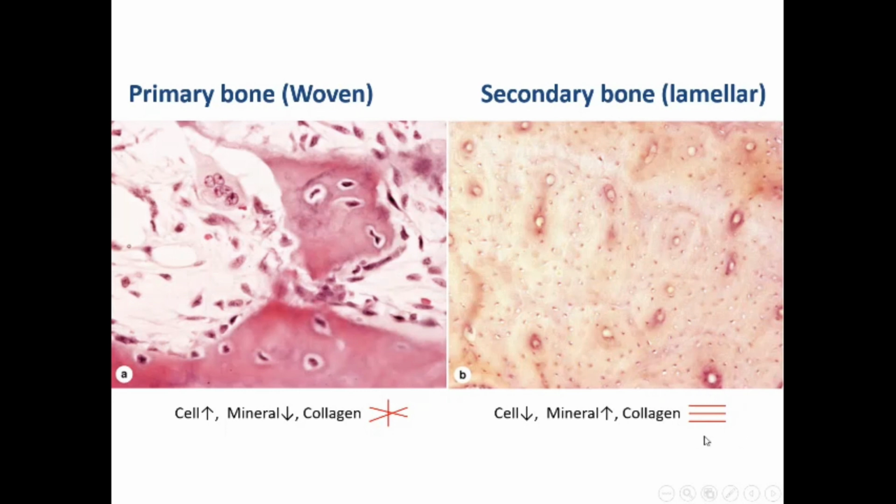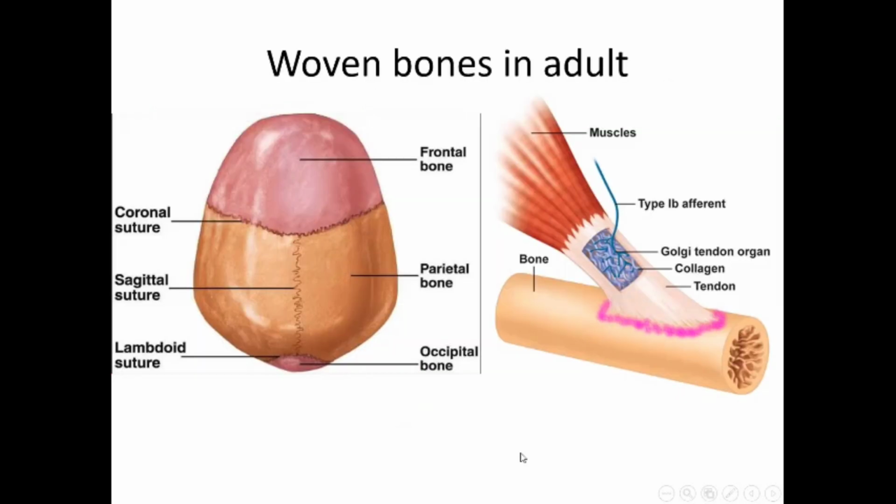These regular arrangements produce sheets or lamella within the bone. But in some parts of our body we have primary bone, and the bone in these places is never converted to lamellar bone.